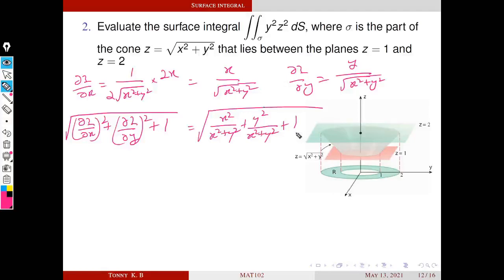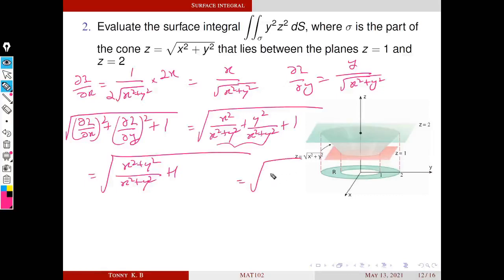Then taking the sum of the first two, this becomes x square plus y square by x square plus y square, plus 1. So this is equal to square root of 1 plus 1, that is square root of 2. So this term becomes square root of 2.